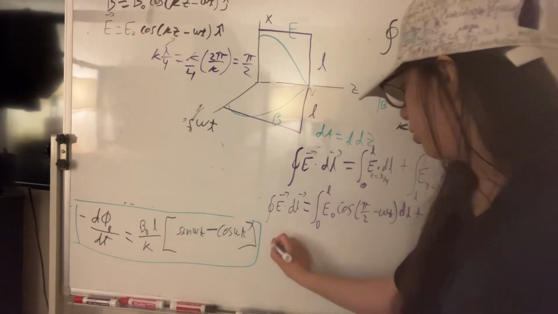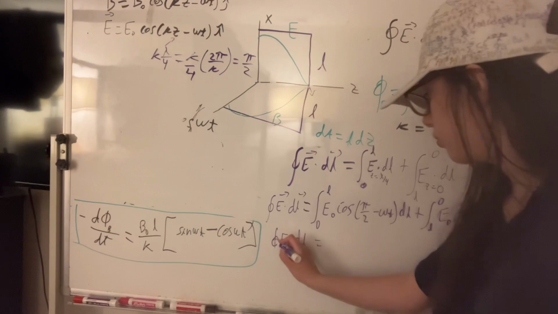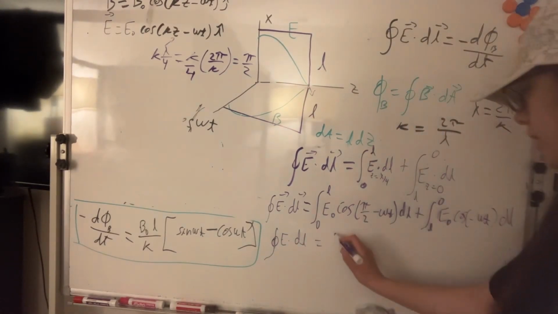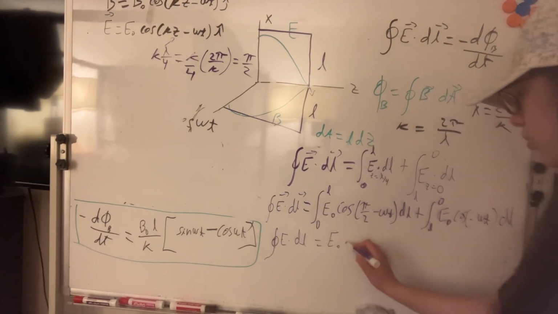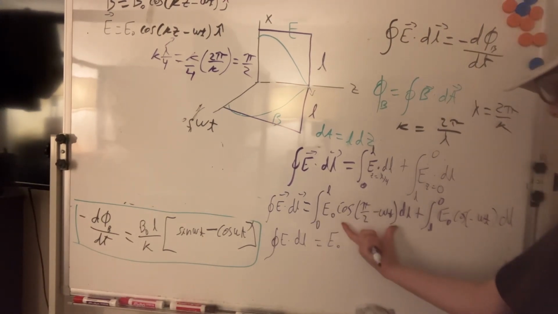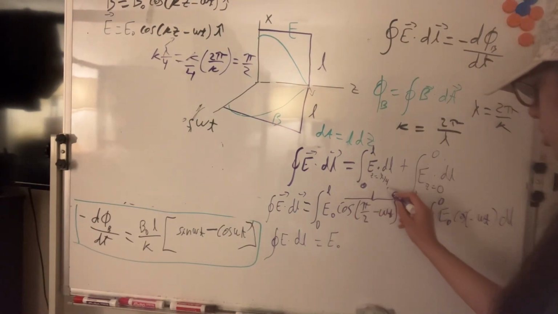So I have that the closed loop integral of E dot dl is equal to E naught cosine. This I believe is the same as sine omega t.